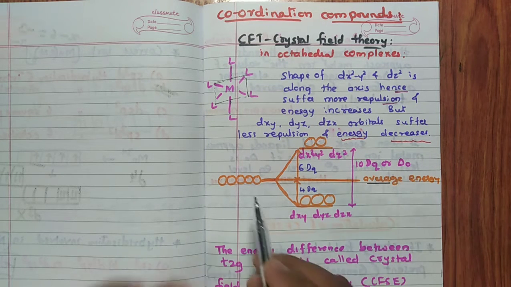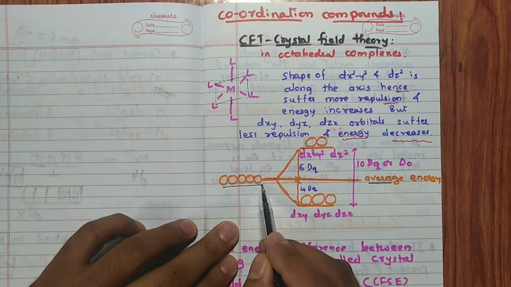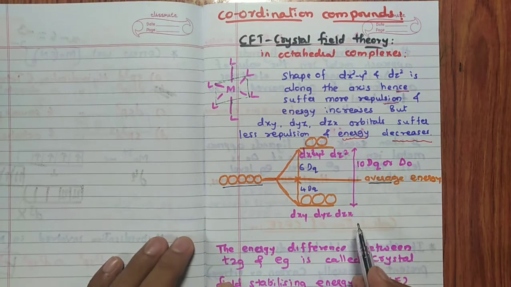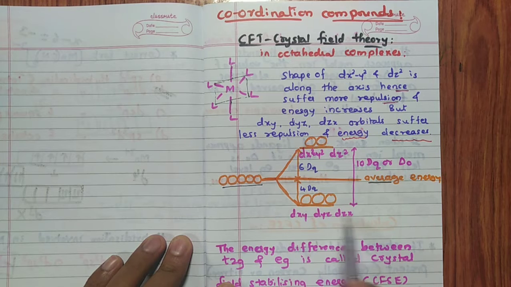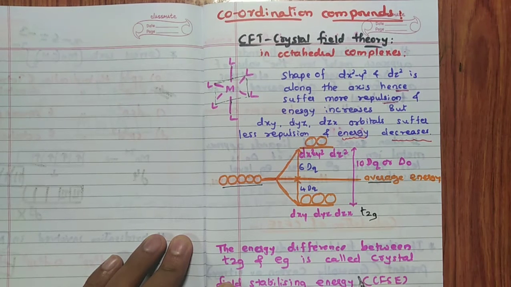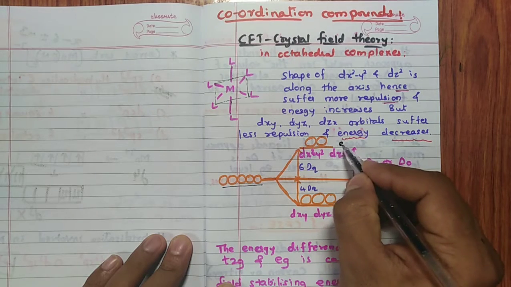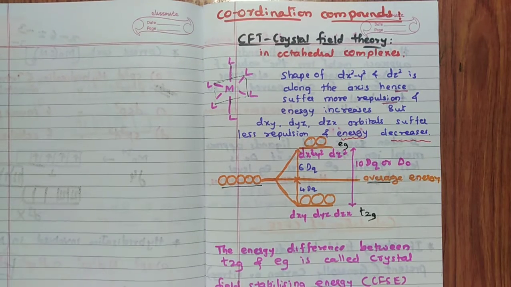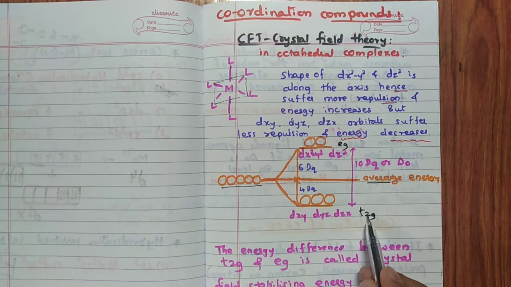Hence, when the degenerate 5d orbitals undergo splitting, you get the lower energy t2g orbitals and the higher energy eg orbitals. How to remember? T2g, how many letters are there? 1, 2, 3.